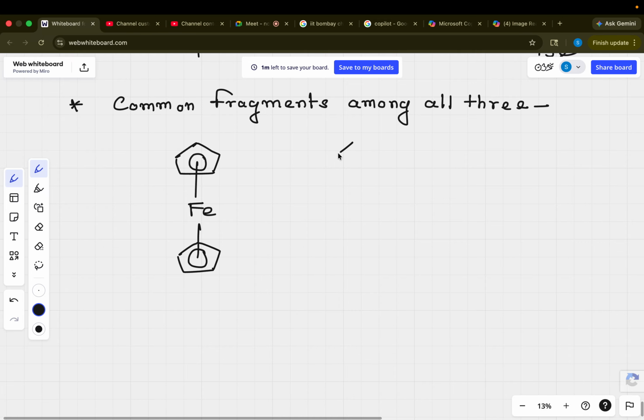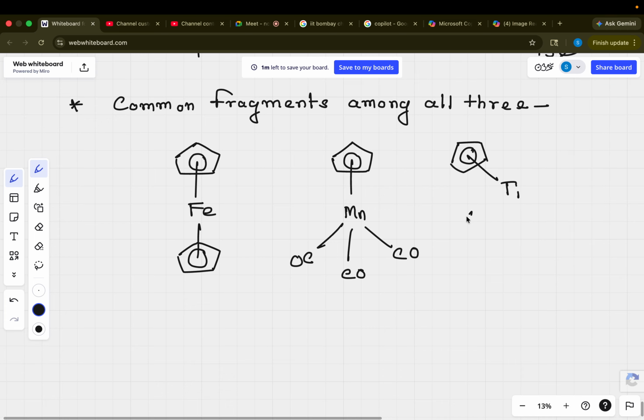Okay, this is the first compound you have. This is the second compound you have. And this is the third compound you have. Okay, so these are the three compounds you have.